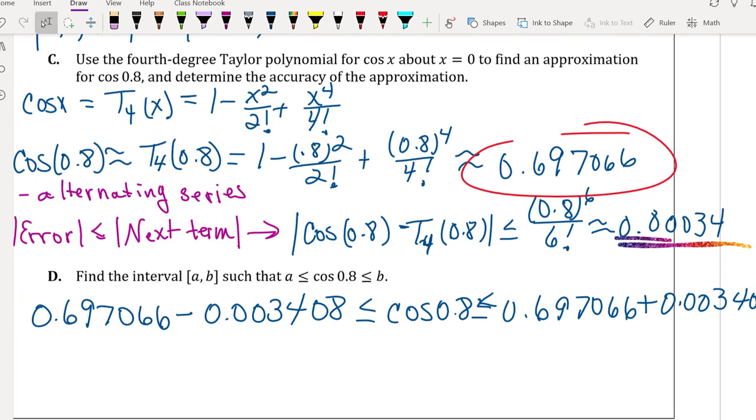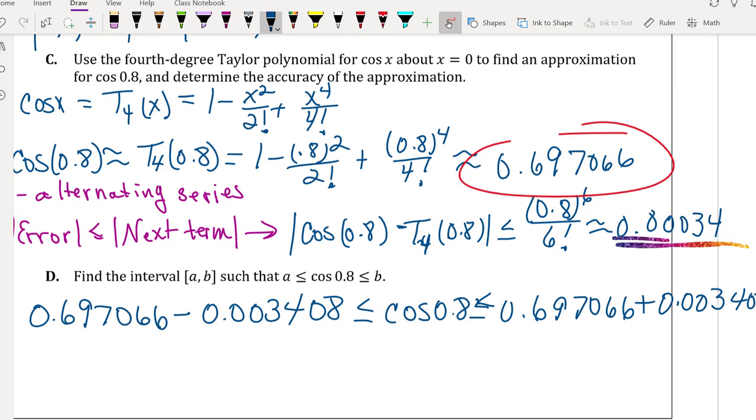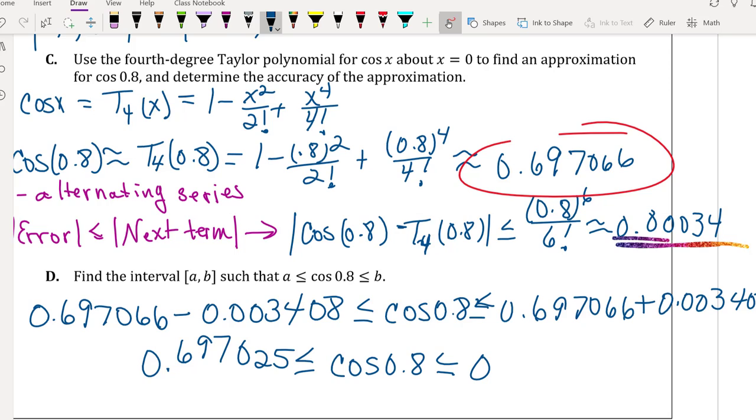And when you do those calculations, you get an interval of 0.697025 to 0.69743075. So that's the answer to the last part.